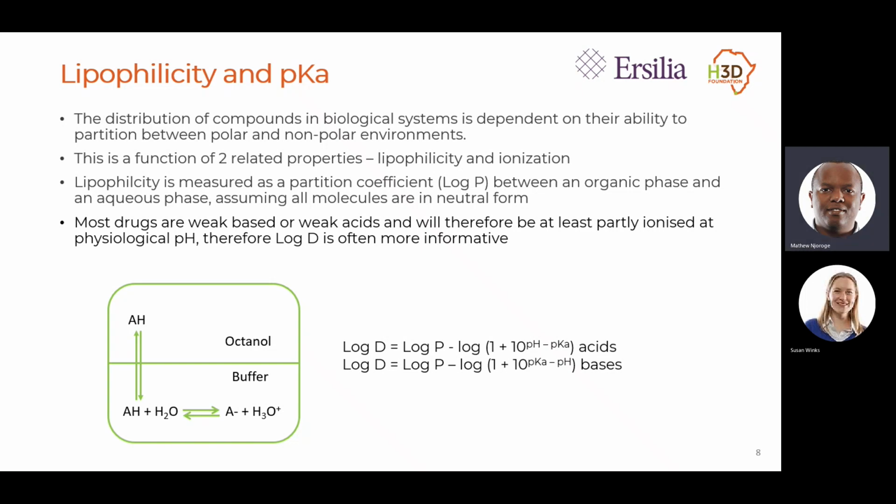And so when we think about lipophilicity in drug discovery, it's sometimes more useful to think about it in terms of the log D of the compound, which represents the lipophilicity measured accounting for ionization, than to think about the log P of the compound, which just thinks about the raw distribution of the compound without factoring in ionization.